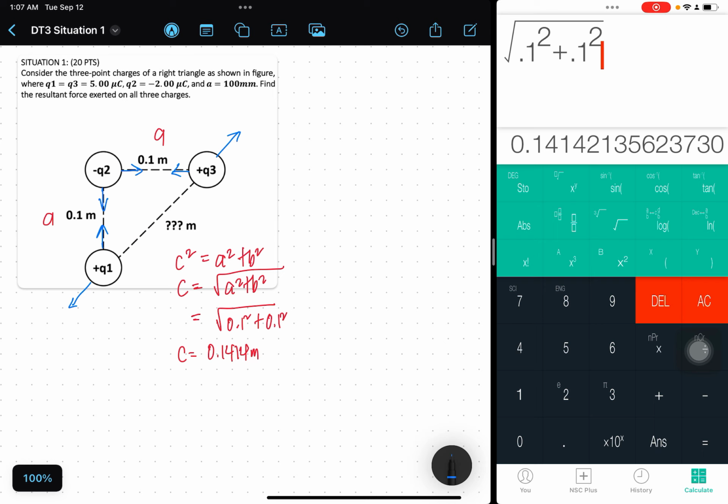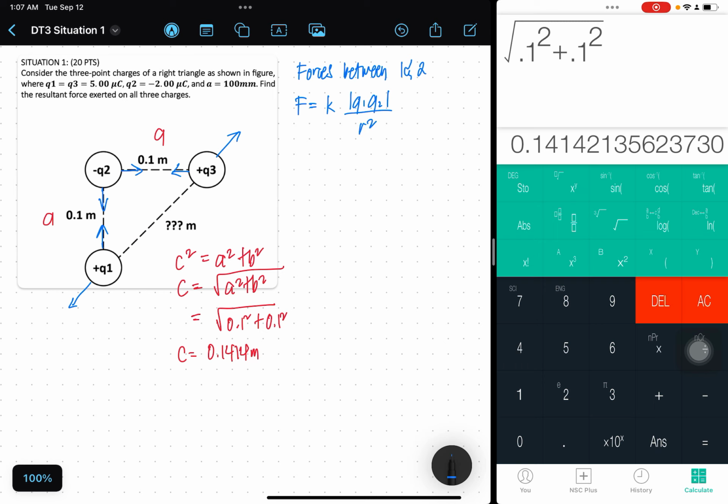First, let's identify the forces between 1 and 2. Using Coulomb's law, F is equal to K times the first charge and the second charge, all over r squared.